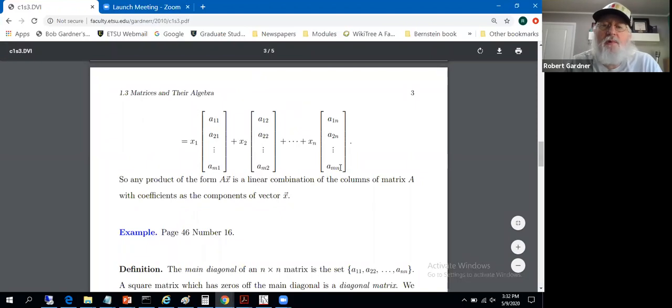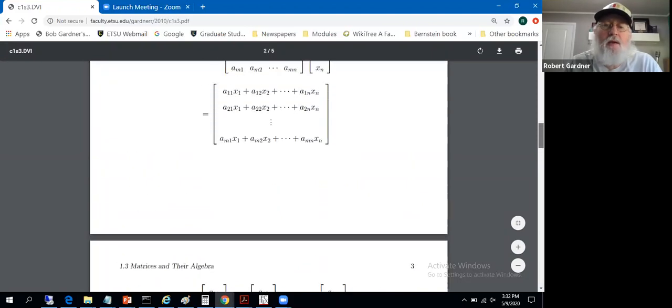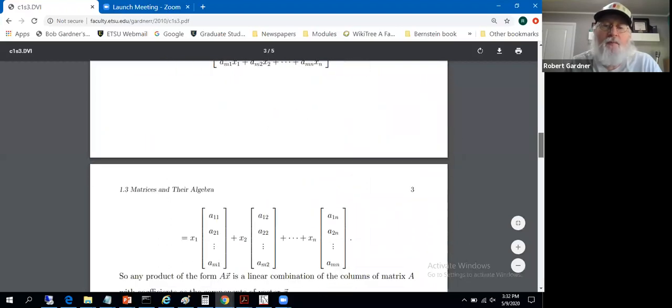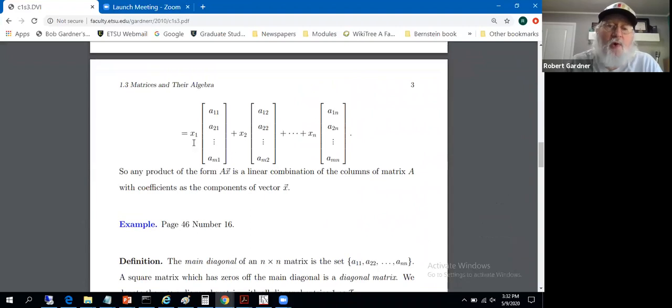Columns of matrix A, right, columns of matrix A. These came in as coefficients, first x1 and x2 up through x sub n.